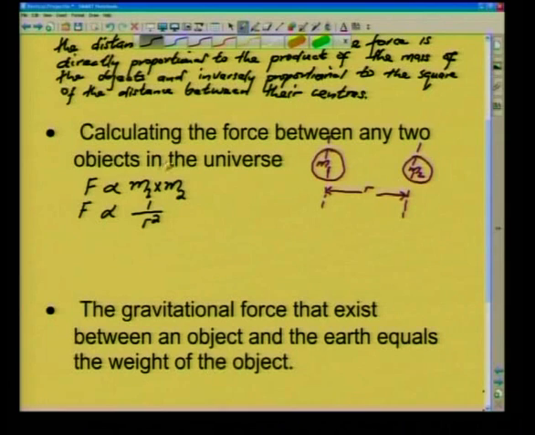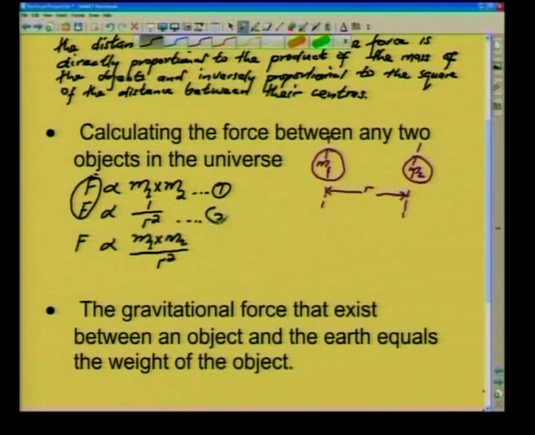Now, when we put these two relationships together, on the left-hand side we're still talking about the same force, so we'll write F. This will be proportional to M1 times M2 divided by R squared. That's when we put 1 and 2 together. Now we have a proportionality sign here, and to remove it, we need a constant, and the constant is G. This is the universal constant of gravity.